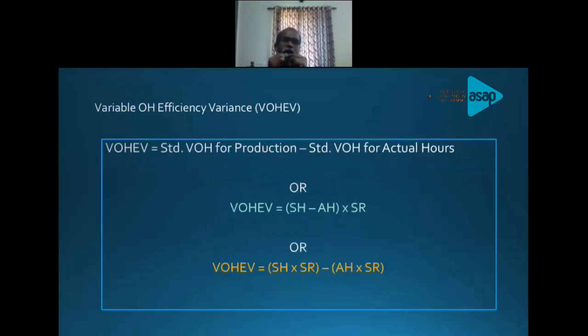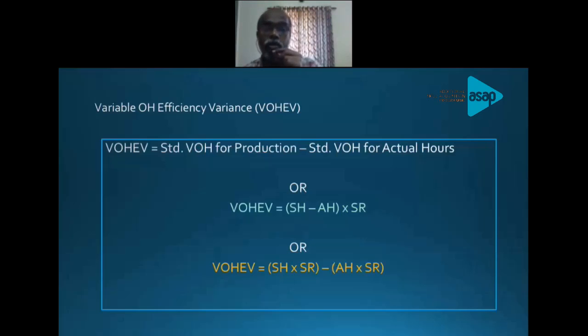Okay, we have variable overhead efficiency variance. Variable overhead efficiency variance is the difference between standard variable overhead for production minus standard variable overhead for actual hours. Or more clearly, variable overhead efficiency variance is equal to standard hours minus actual hours into standard rate.